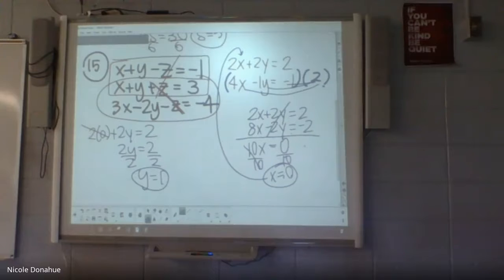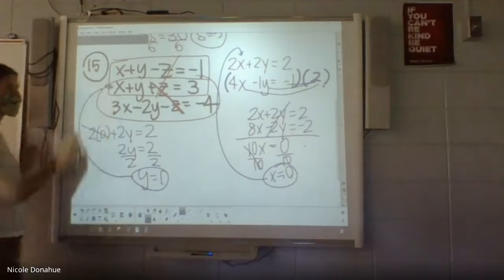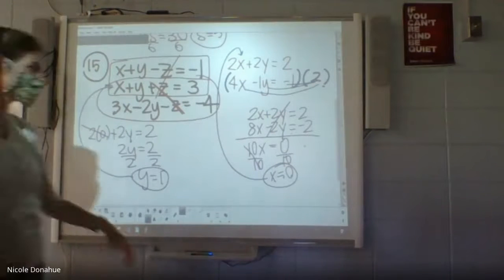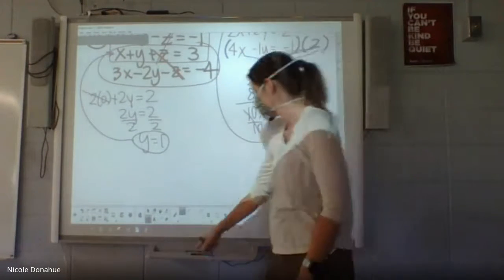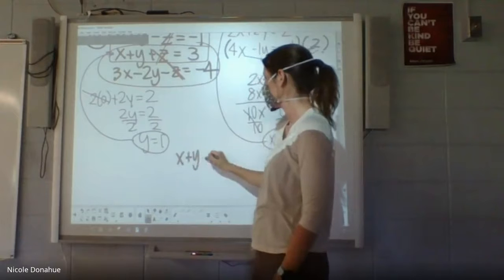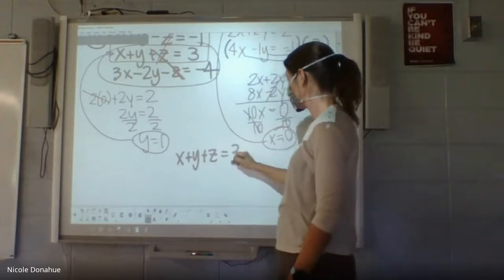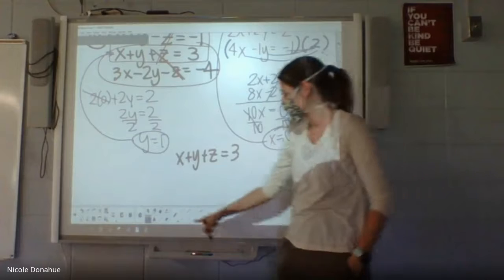Once I know y is 1 and x is 0, I can put that back in to find z. I'm going to put it back in the middle one, because that one doesn't have any negatives, but it doesn't matter which one you put it back into. So I'm going to put these two back in there.